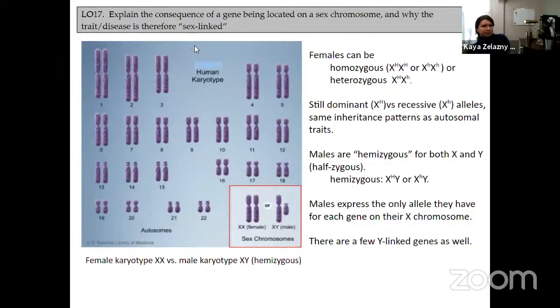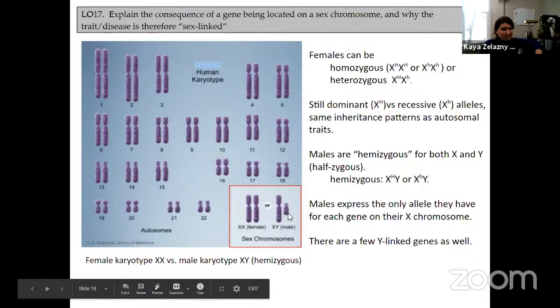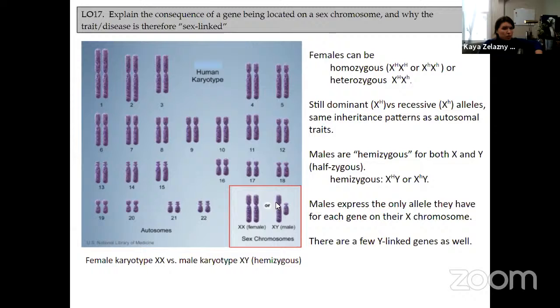Okay. Now, again, we're not going to worry about doing these for the purposes of this semester because we don't have a ton of time. But I do want you to be aware that not all inheritance is super simple. Specifically, stuff on sex chromosomes gets weird because we have these males who don't have 2 copies of the gene.